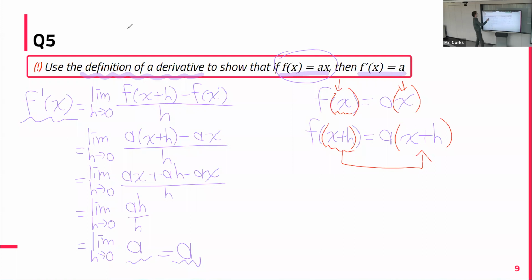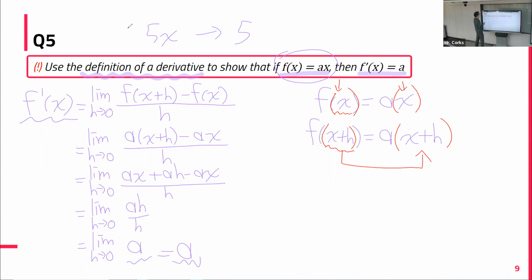So for any function, if we have 5x or something, our derivative is just 5. This is the proof. That's how we use this. If we remember how to use this function notation, substitute that in and then simplify, that's the basic process.